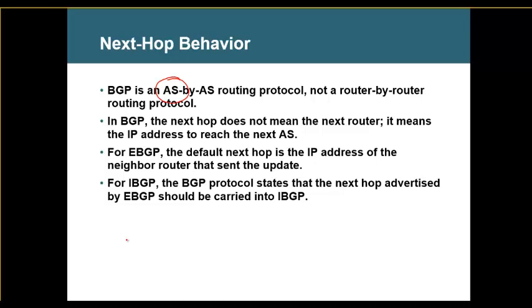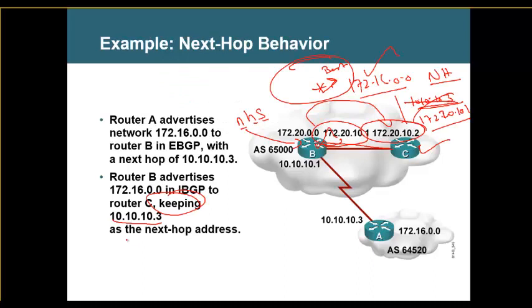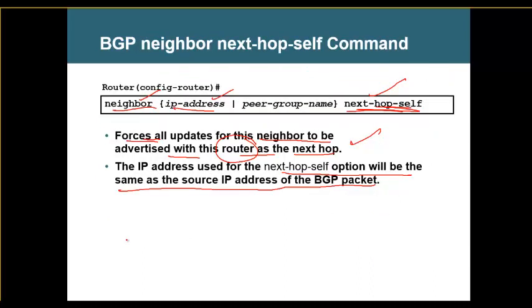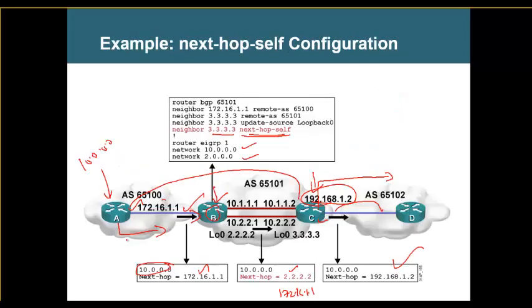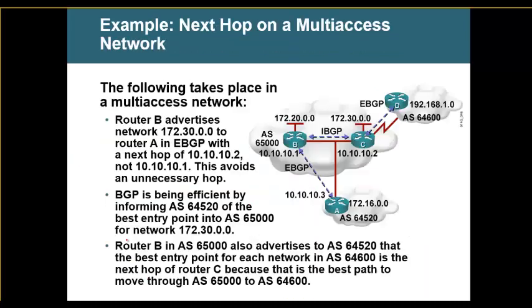When you carry like that, not every inside router will know how to reach eBGP. To override that behavior, we use the next-hop-self command. And then in a multi-access, even though A and B are neighbors, B will recommend A to go via C to reach 172.30.0.0 because that's the best entry point.